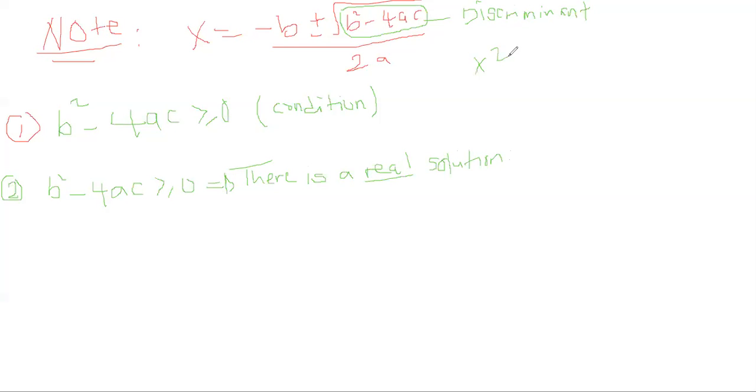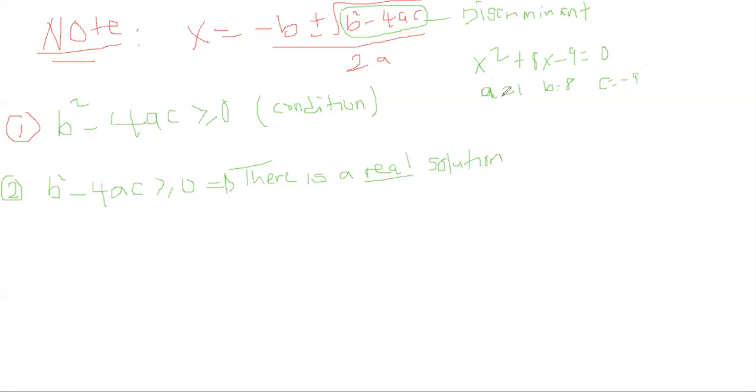x raised to the power of 2 plus 8x minus 9 equals 0. We know here A is what? 1. B is what? Plus 8. And C is what? Minus 9.